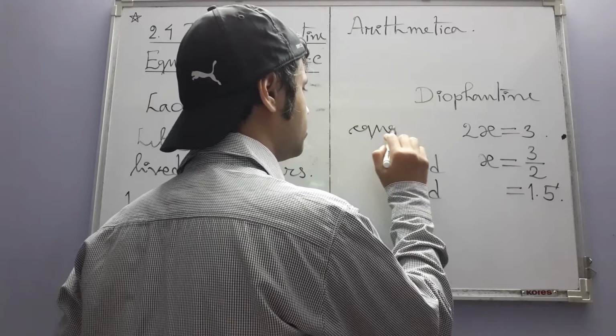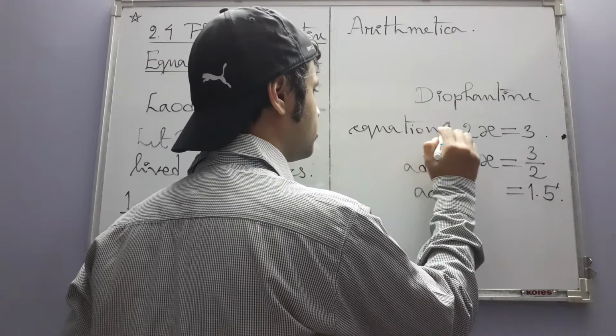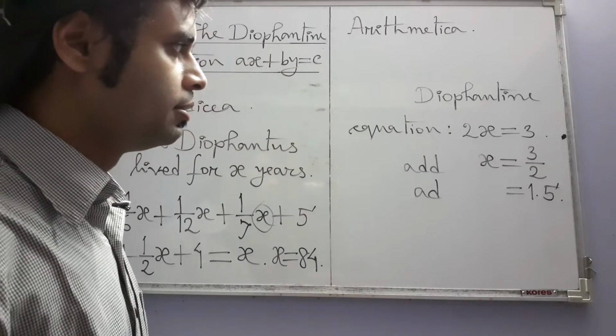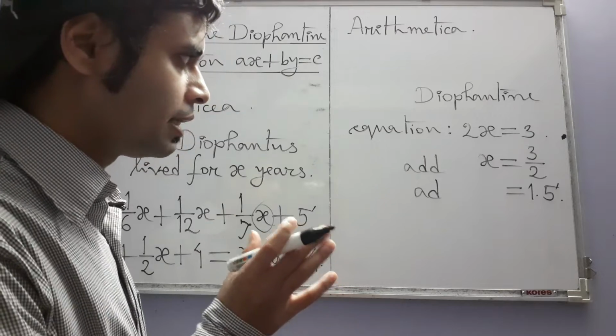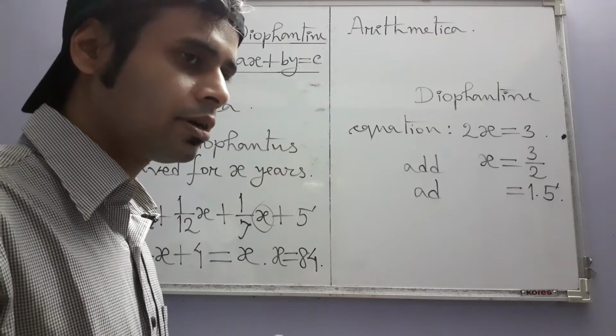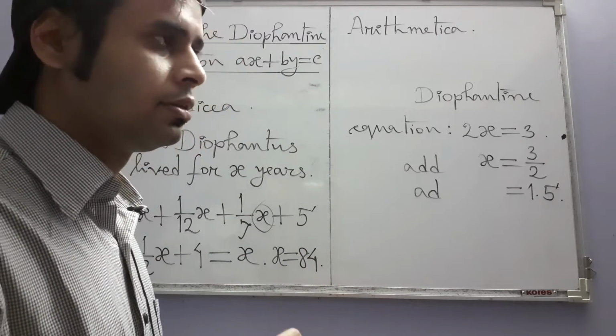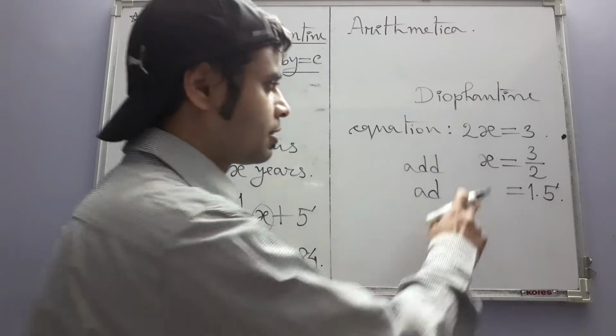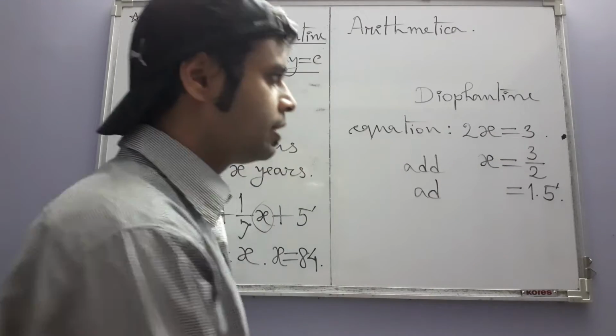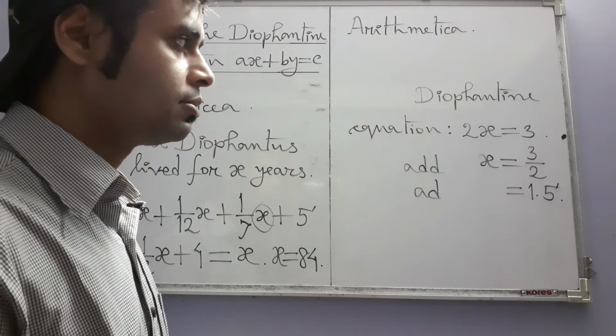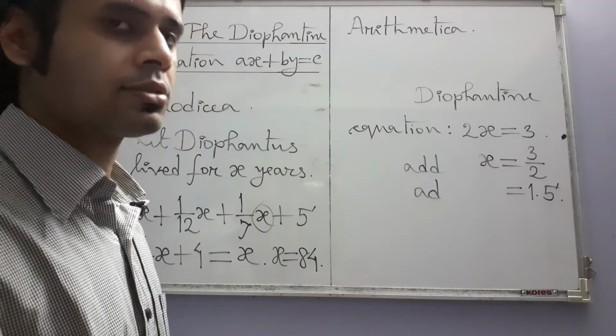But if I say Diophantine equation 2x equal to 3, then that means this equation has to be solved in the integers, which in turn means that we seek an integer x for which 2x equal to 3, which however does not exist.